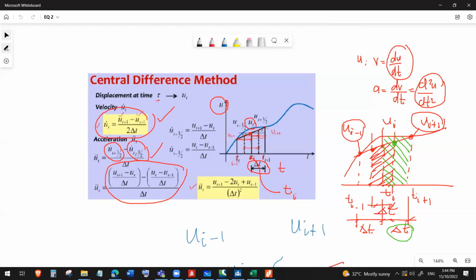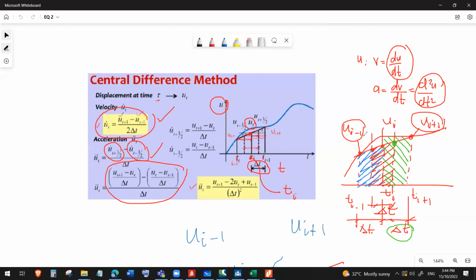Then how about the velocity at u sub i minus 1 half? Baguhin ko naman yung color. Let's make it blue. So, ito naman yung velocity at u sub i minus 1 half. So, ito naman yung cover. Right?